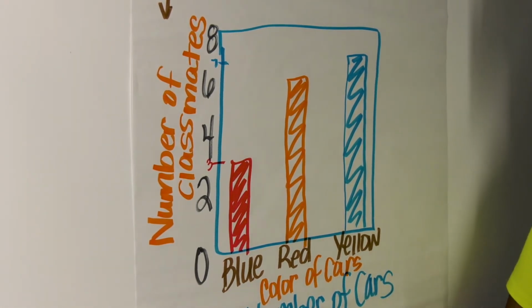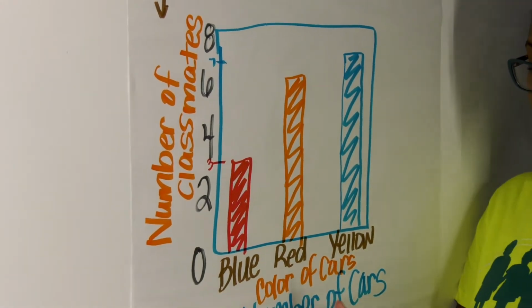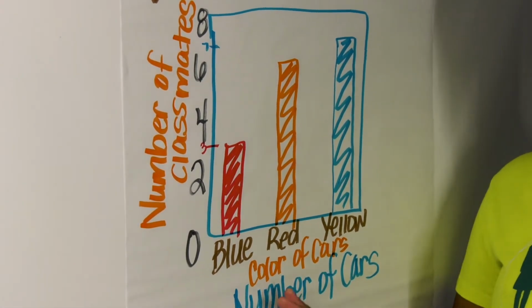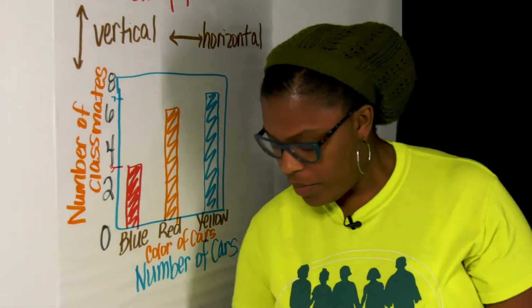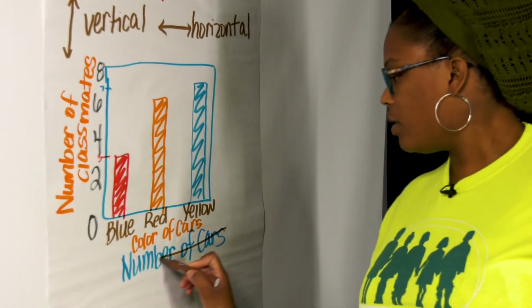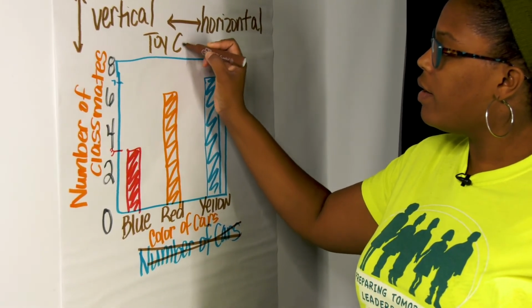So this is called a vertical bar graph. It includes a title, and remember I changed our title, it's okay, to toy cars. Actually, I could write it up here at the top. Toy cars.